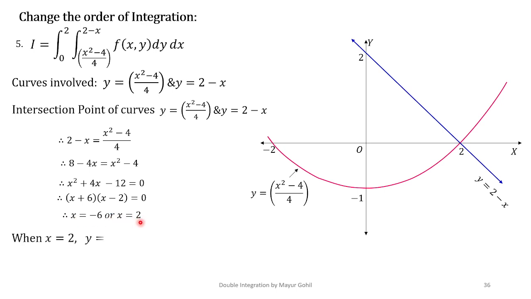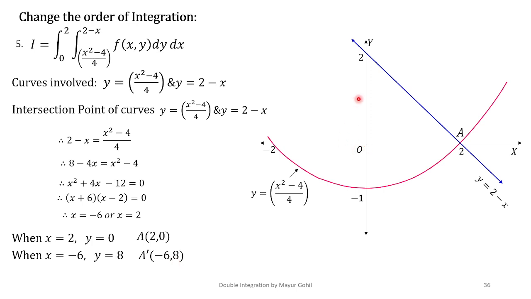When x equals 2, y equals 0, and A is (2, 0), which I have shown over here. When x is minus 6, y equals 8, and I have shown here A prime as (minus 6, 8).